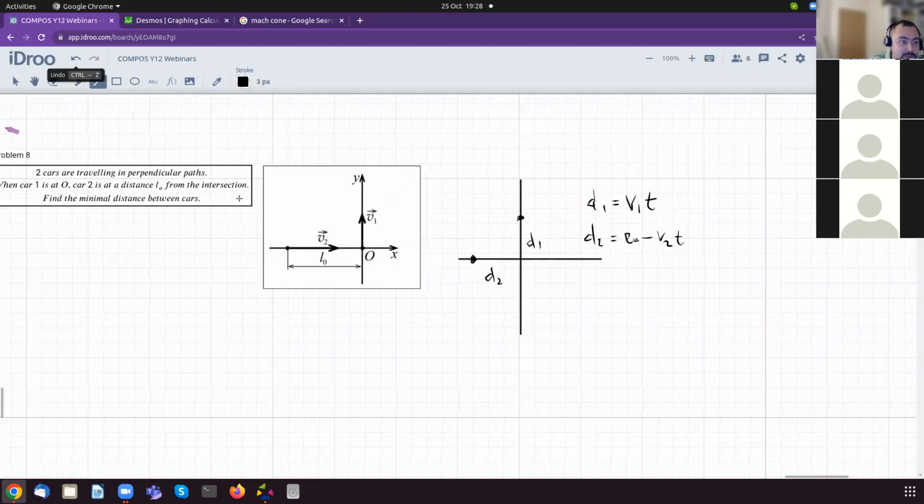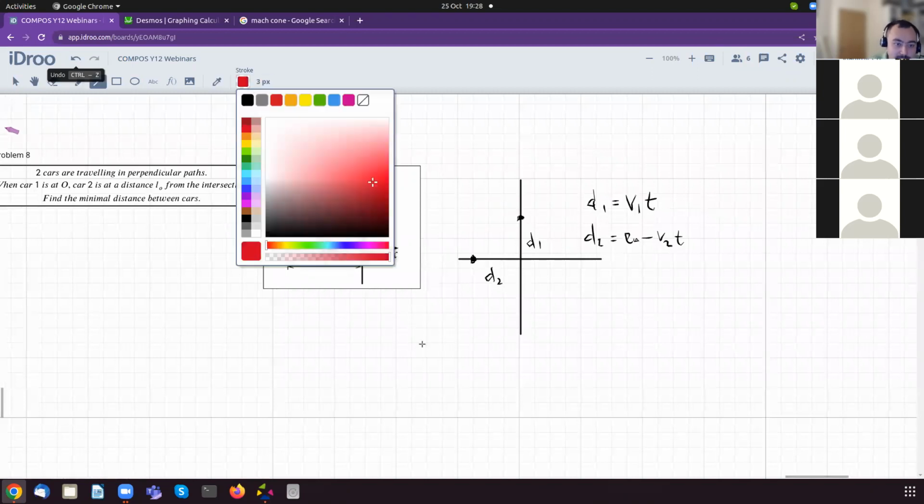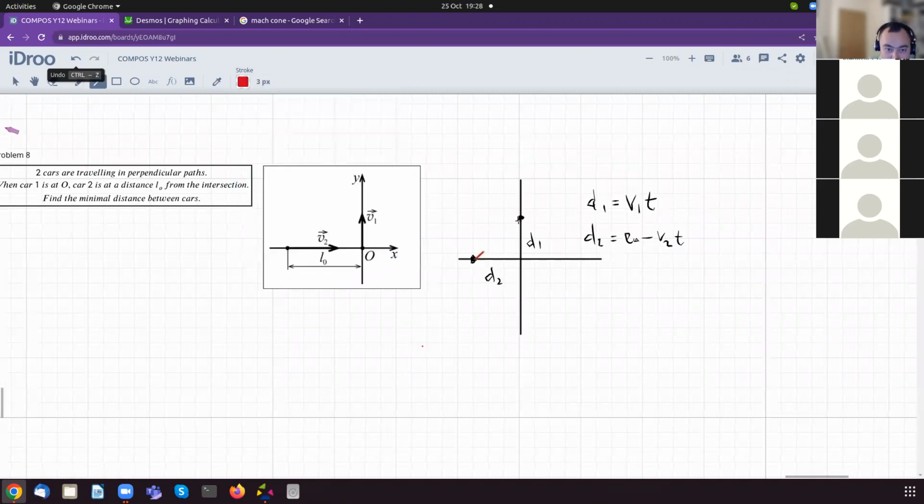Now the distance between the cars, D, is the square root of D1 squared plus D2 squared, by using Pythagoras' theorem.